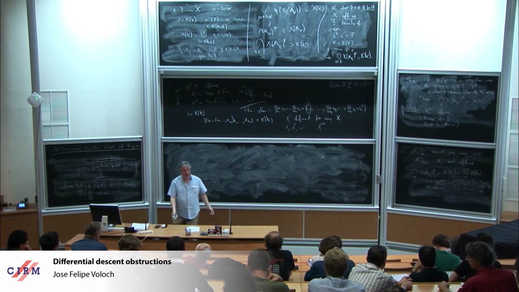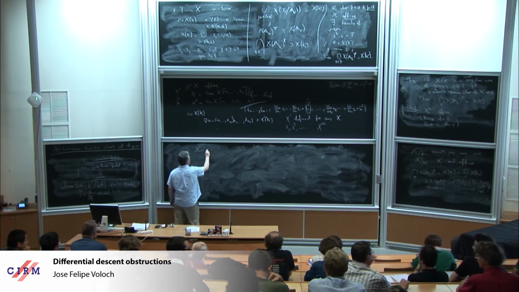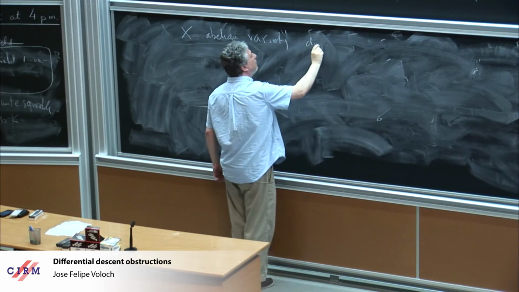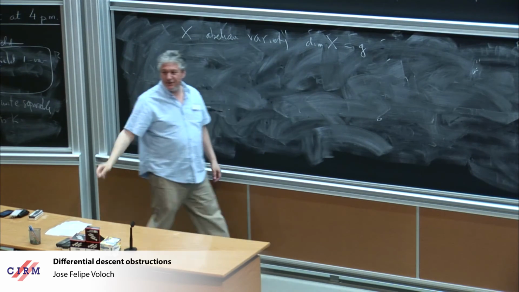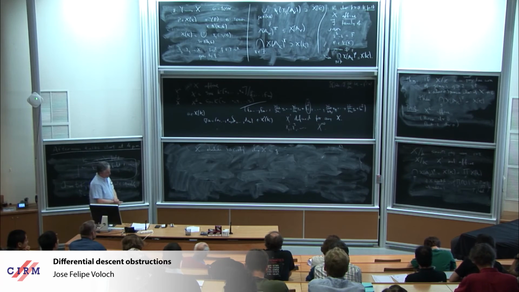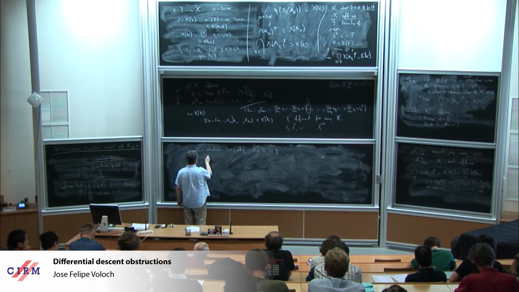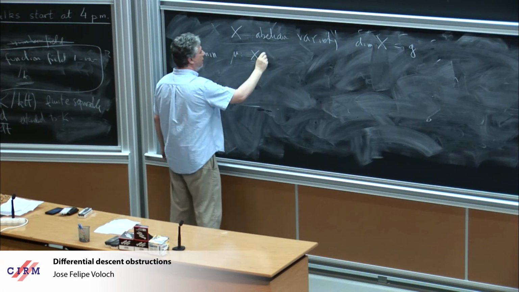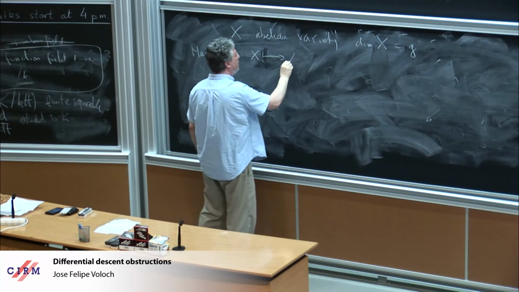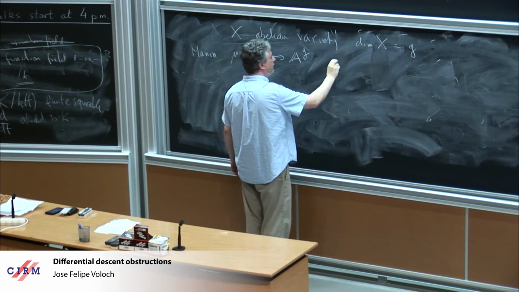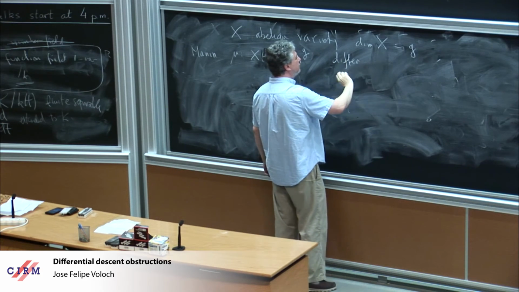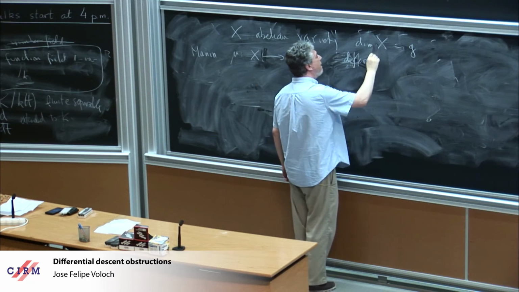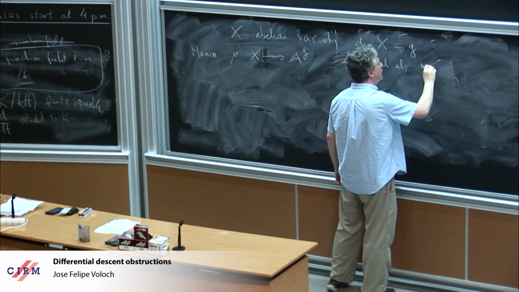So I want to look now at abelian varieties of some dimension g. That's going to include the case of elliptic curves. There's a differential map, a map of differential algebraic varieties, so it's a map in this category.